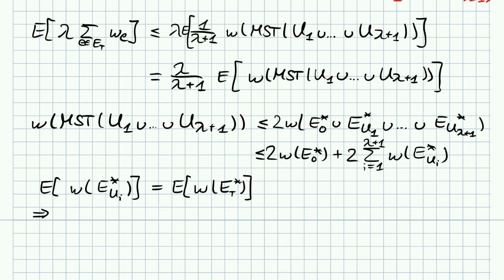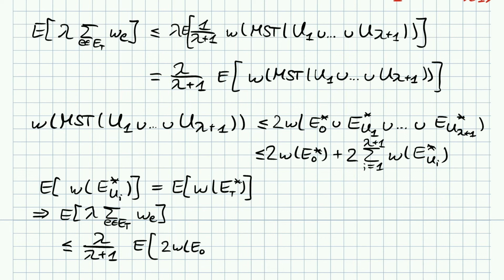So this tells us that the expected cost that we incur in our second stage is at most lambda over lambda plus 1 times the expectation of, and now we can plug in this, so we'll take 2 times the weight of what the optimal policy does in the first stage plus 2 times the sum of these.